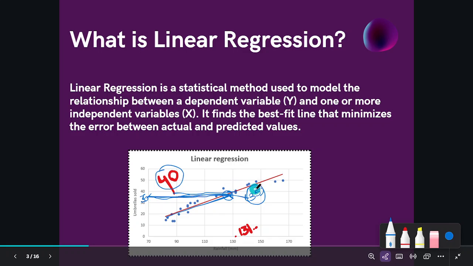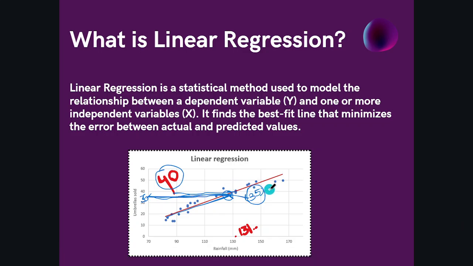So we've got our predicted value and actual value. 40 is our predicted value, predicted by the linear regression model, and 35 is our actual value that we got from the data survey.